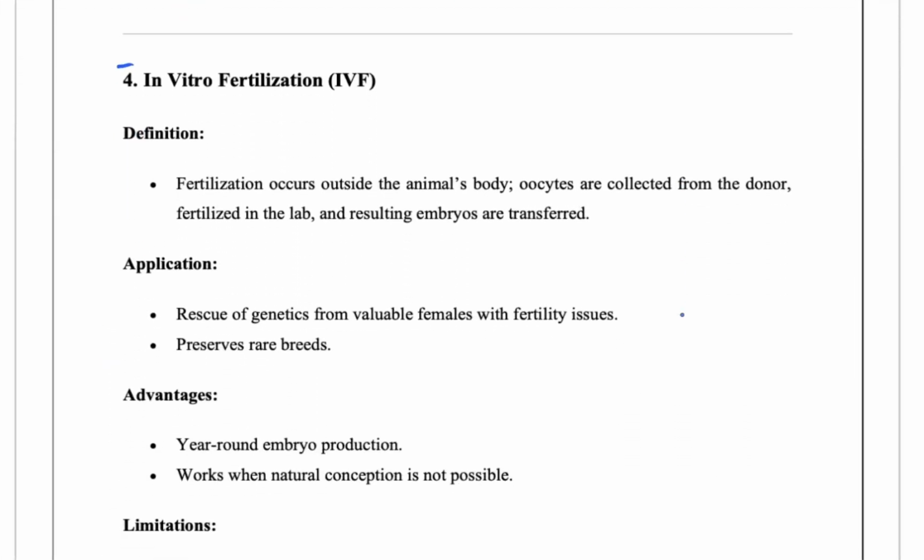Now the next method is in vitro fertilization. So fertilization occurs outside the animal's body. So oocytes are collected. In this case, you are collecting the oocytes out of the body. They are collected from the donor, fertilized in the lab, and resulting embryos are transferred, right? So again, you are not taking out the embryos, you are taking out the oocytes, and fertilization is occurring in the lab.